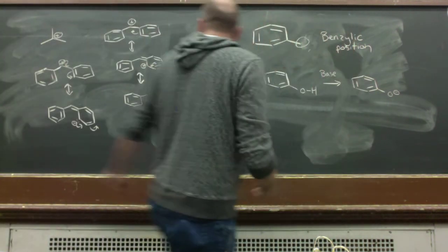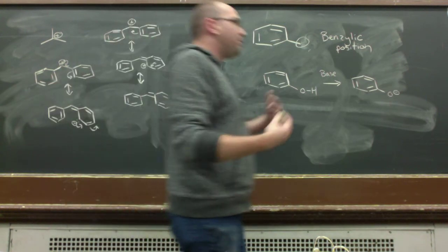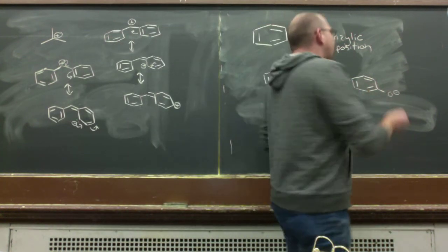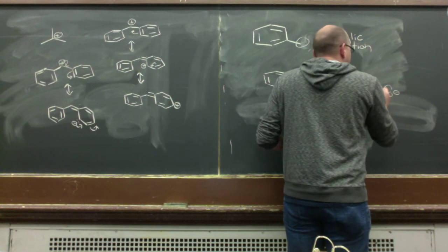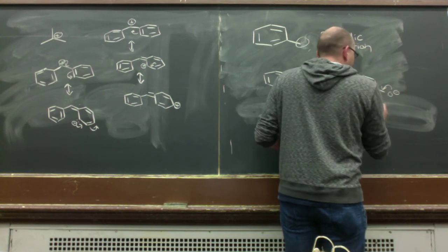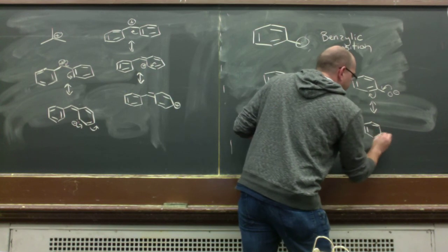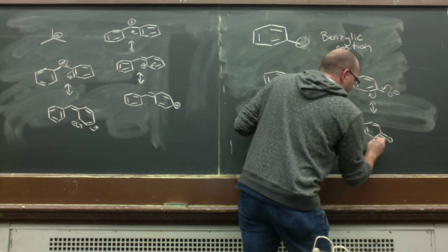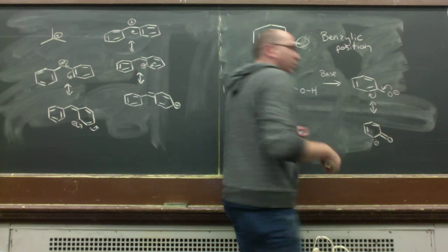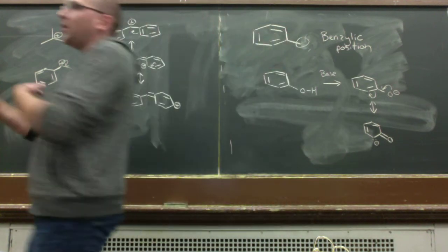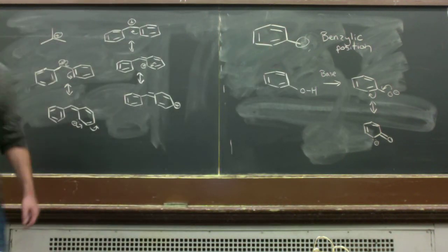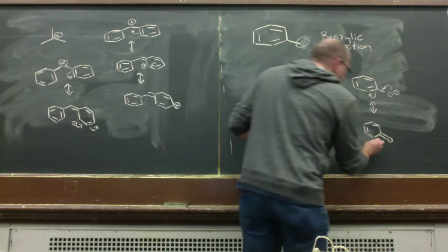And just as I pointed out over here in terms of an alkyl anion, certainly the alkoxide can undergo a variety of different resonance stabilization forms as well. Again, even though we're pushing them away from the oxygen, we're breaking aromaticity and so forth, this is still a stabilizing factor.